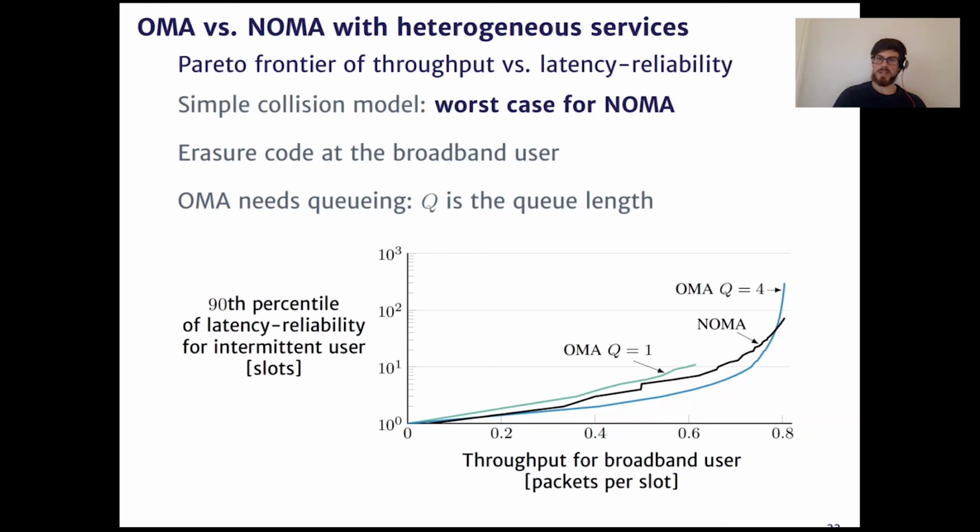And also, if we look at the highest possible throughput, we can see that NOMA achieves it with slightly lower latency reliability. Of course, since this is URLLC, we focus on the former case. So even though we're considering the worst case for NOMA, because all the collisions cannot be decoded, we can have some gains with it for URLLC. So this is quite interesting.